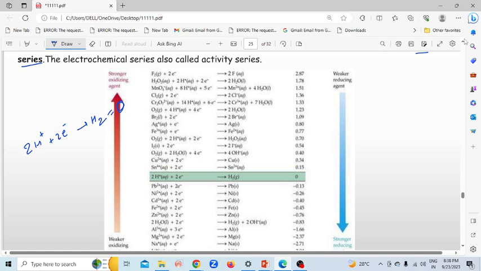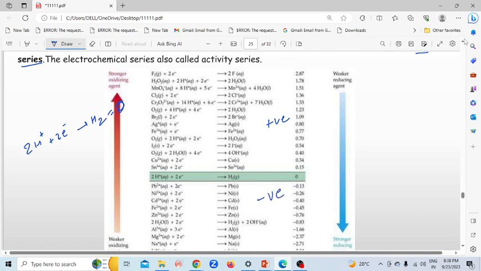Any element which has more tendency to gain electrons will have a positive potential, and if any has less tendency to gain electrons, then its potential will be negative.